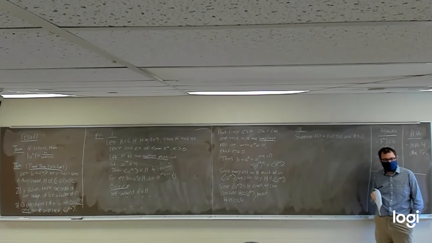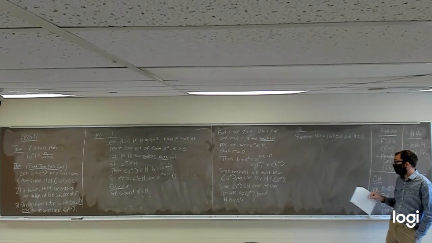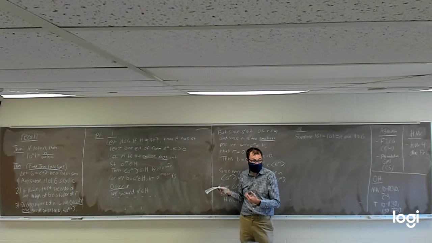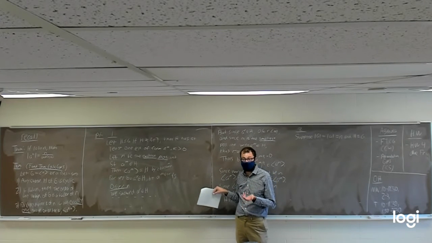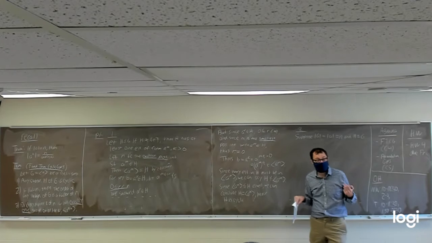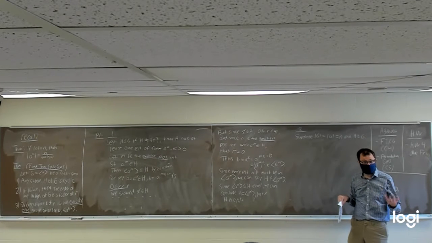Here's the cool thing. This would actually be really long and tedious and hard to prove if it wasn't for the fact that we already showed H has to be cyclic in part 1. So since we proved in part 1 that any subgroup of a cyclic group is cyclic, we can just straight up use that here: we have a subgroup of a cyclic group, boom, it's cyclic.